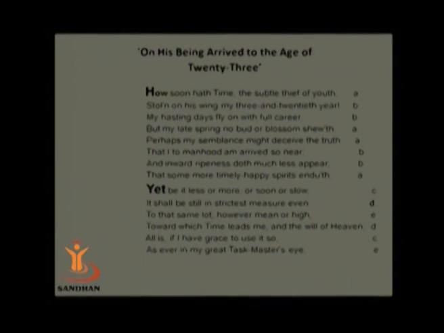As ever in my great taskmaster's eye, high and I. So the rhyming scheme changes in the sestet. In the sestet, what we find is that the first line of the sestet rhymes with the second last line, and so the rhyming scheme is CDE, DCE.